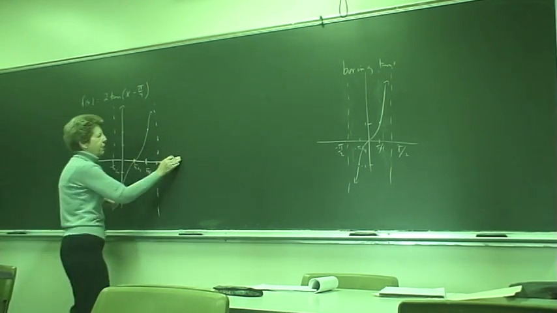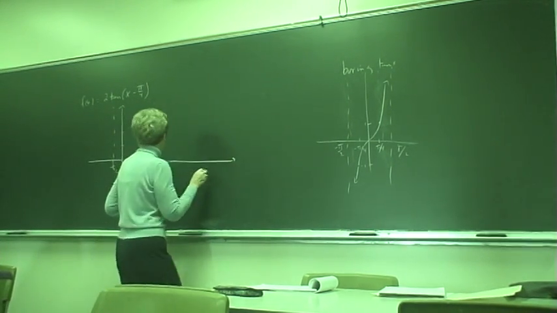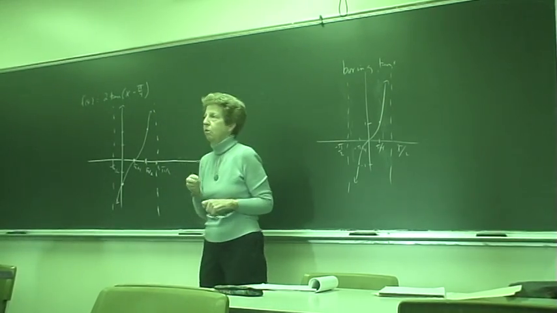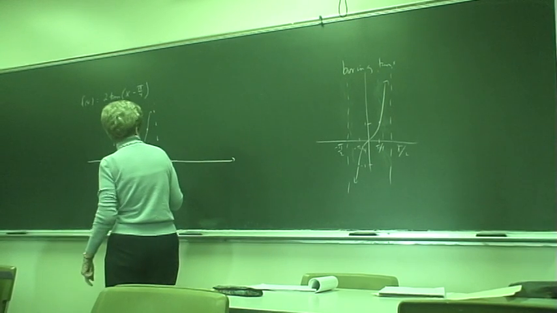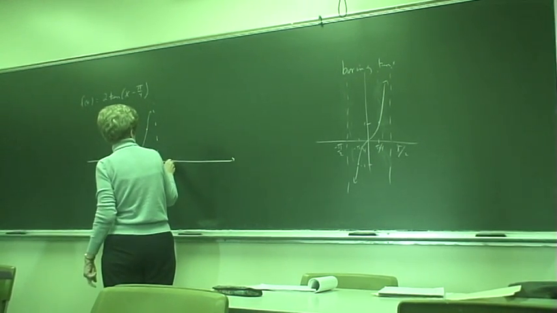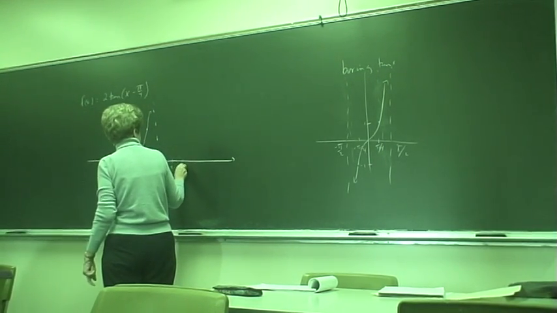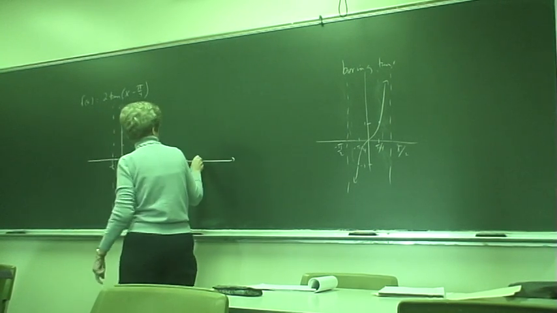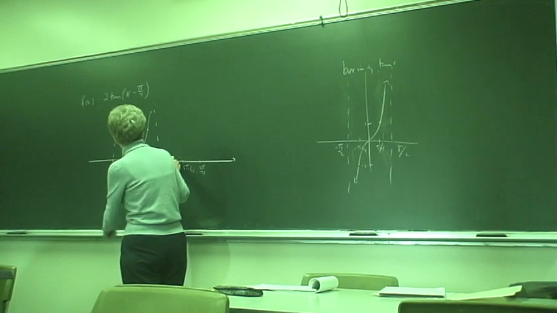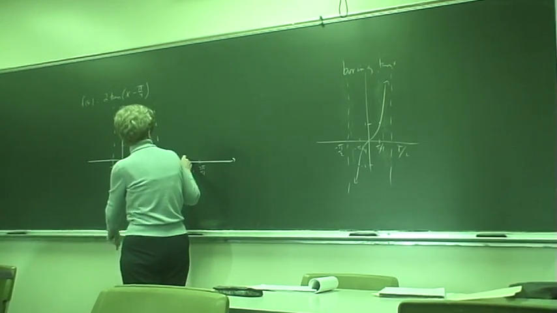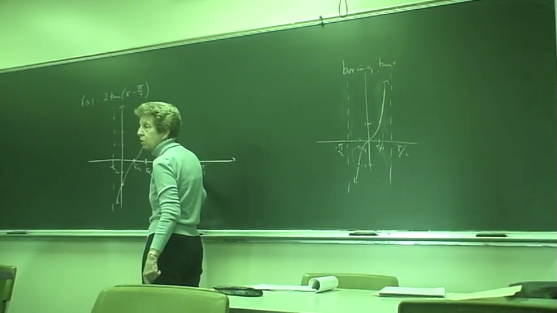And so what happens in the next period? Tell me some good numbers on the next period. Emma? 5 pi over 4, 0.